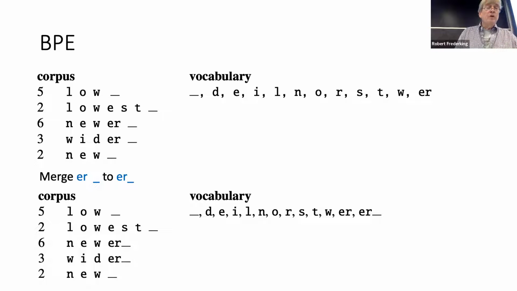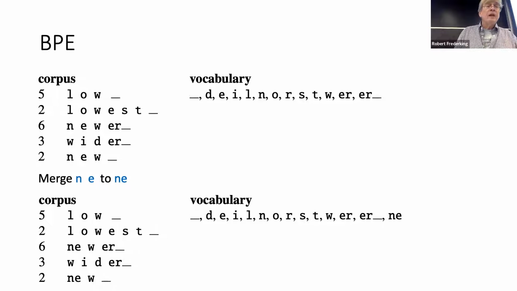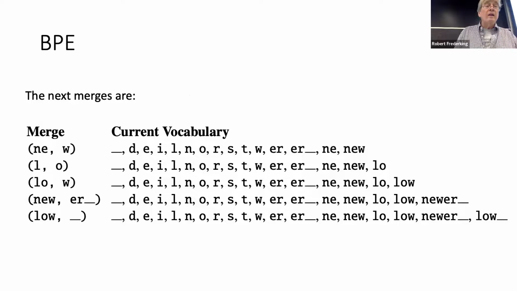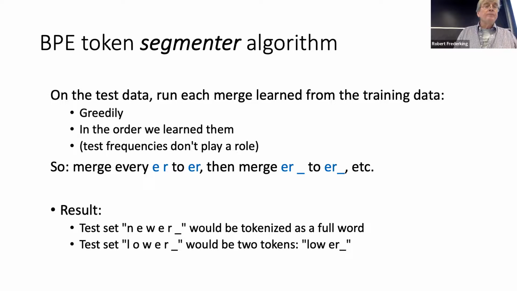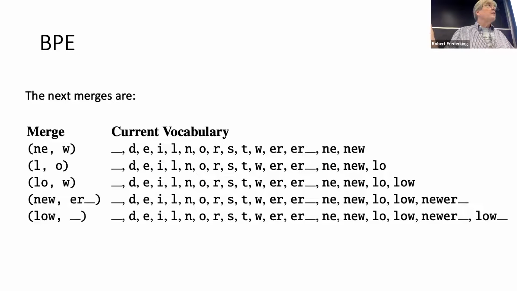And you replace that in the corpus. And then you do the same thing again, and you get N E turning into the new character NE. And you again replace the corpus with that. And you keep going this way. And so you start to actually pull out some of the high frequency words like new and low and newer with a blank after it. And you keep doing this until you've hit your vocabulary size.